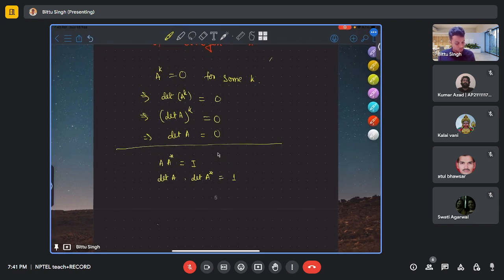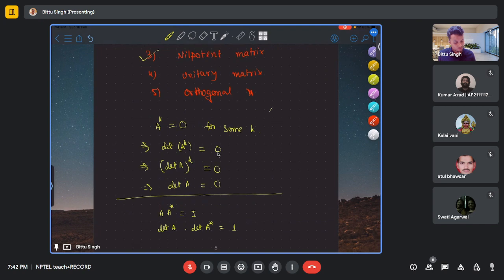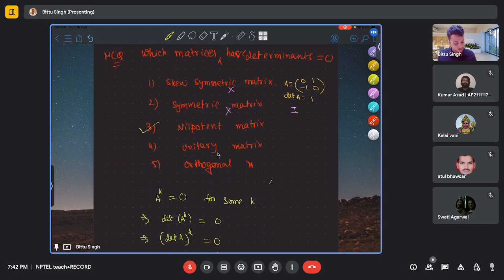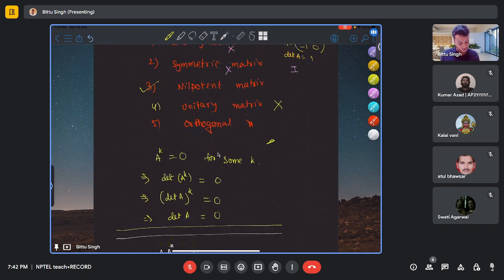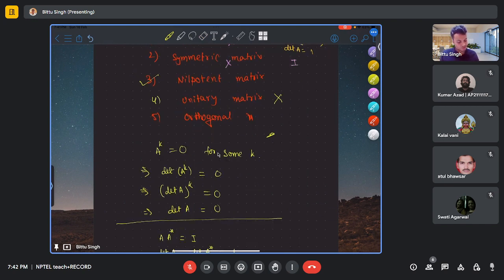But this is same as mod of determinant of A squared is same as 1. This actually means determinant of A has modulus 1. That is, this is also a wrong answer. It will be false.